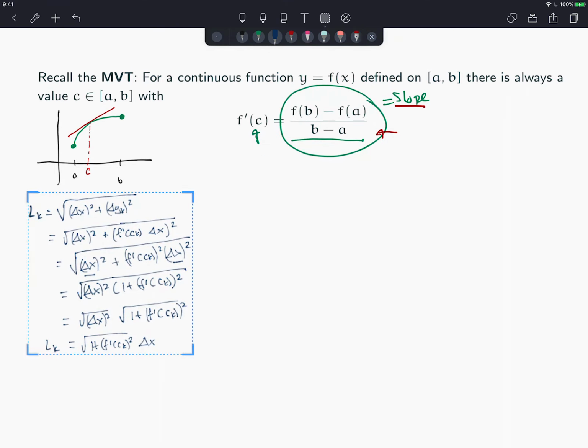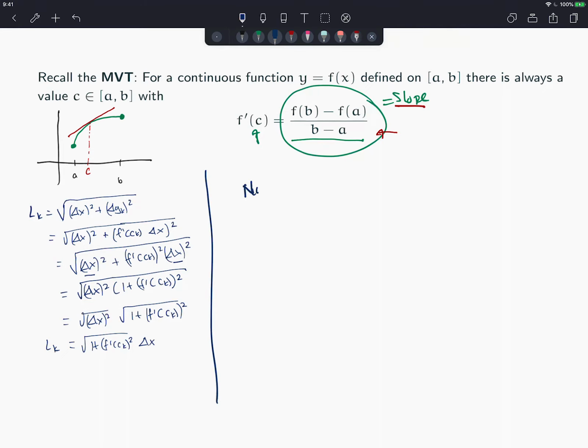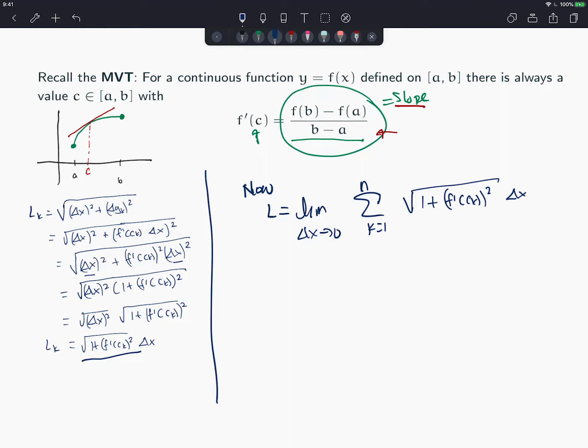So now we have that we said that the length was really the limit when my delta x's go to 0 of the sum when k equals 1 up to n of my Lk's, but I found my Lk to be this expression. So I'm going to write the square root of 1 plus quantity f prime of ck squared, times delta x.